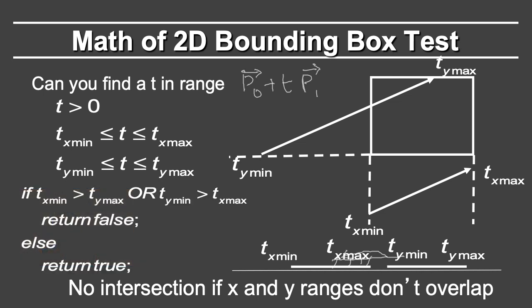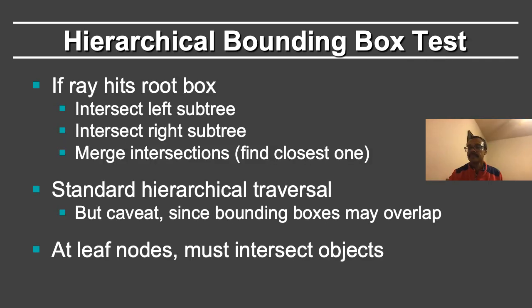Therefore, the conditions can be summarized that if tx min is greater than ty max or ty min is greater than tx max, then the ranges do not intersect and you return false. Otherwise, there is a ray bounding box intersection.